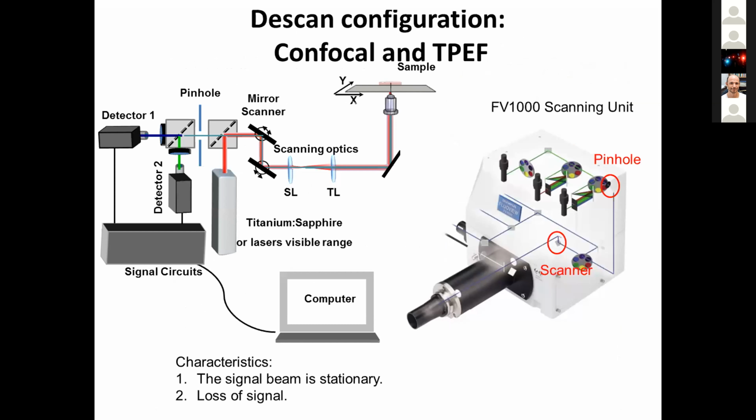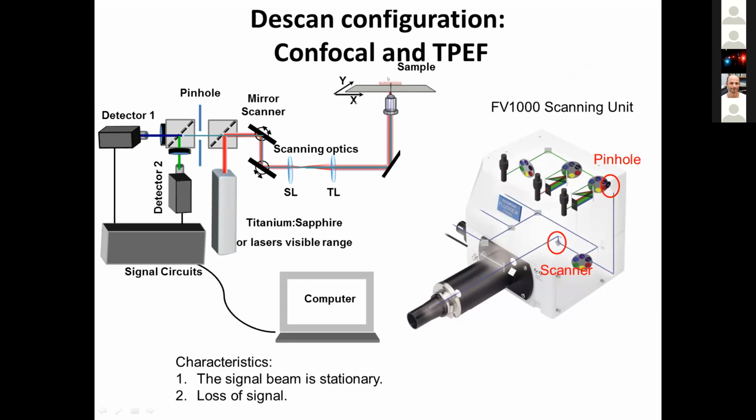The two kinds of configuration in the raster scanning confocal microscope are, for example, the descan mode, in which we shine our light as usual with the dichroic mirror to separate excitation from emission, and then we have the couple of mirrors from the scanner, our scanning optics.